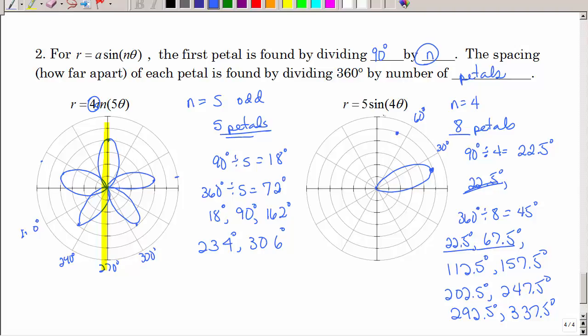Okay, and then 112. 157. 202. 247, 292, and 337.